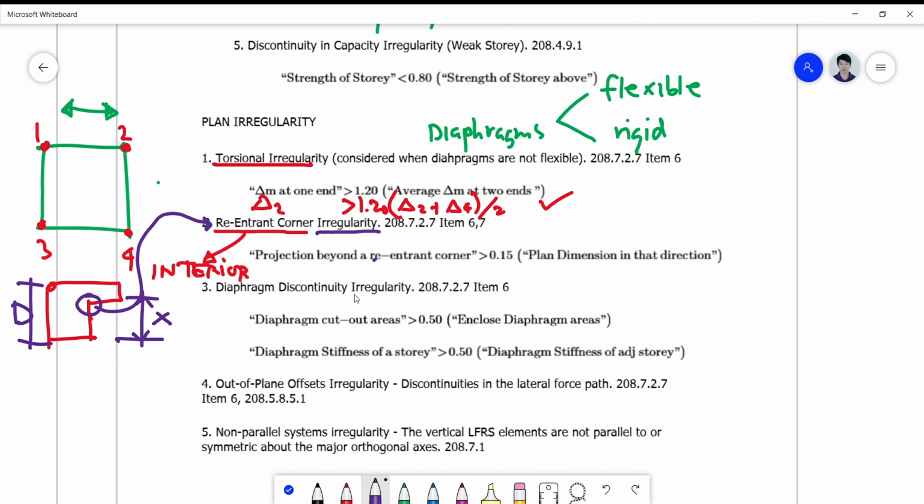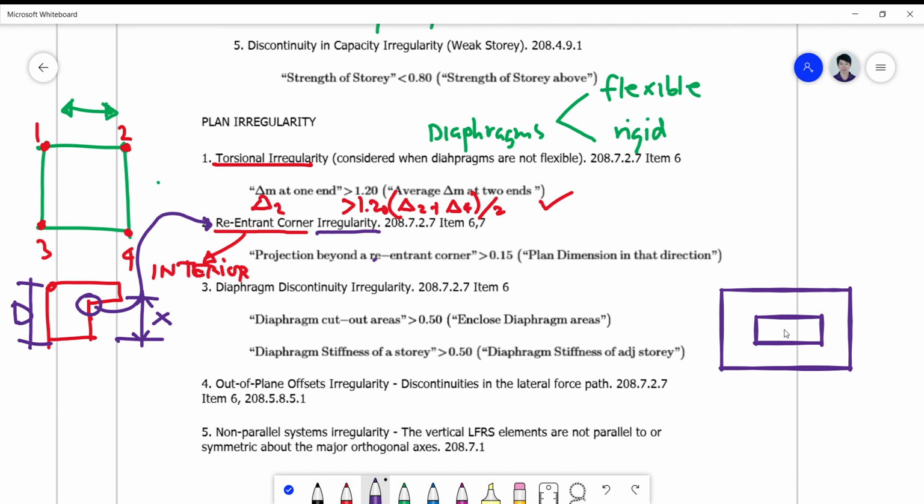So the diaphragm cutout area, say you have here a mall, and then you want to have a lobby here so that you can see the view on the bottom floors or the floors below. So you call this a cutout area.